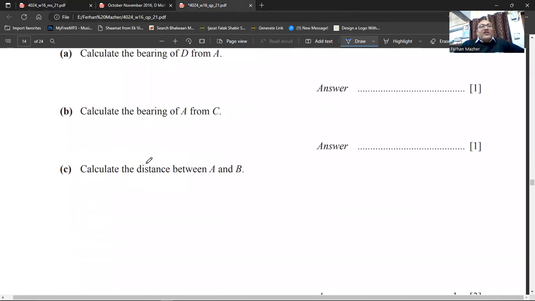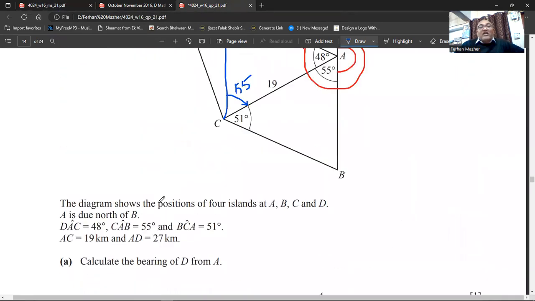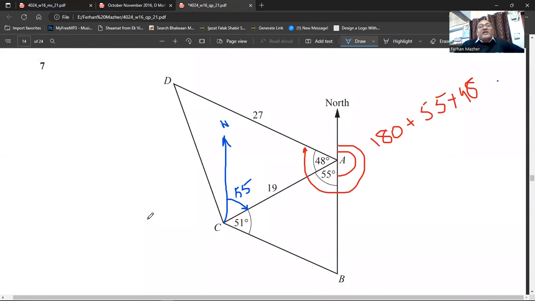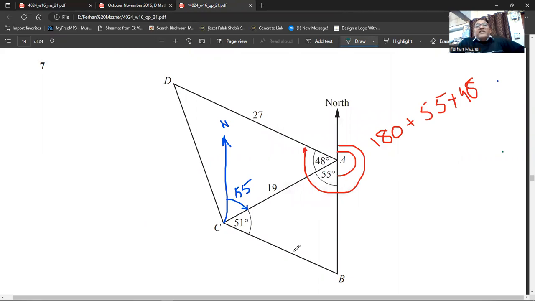Okay, so we are going to the C part. He says calculate the distance between A and B. That's a 3 marks question. You see, very simple. They want me to find out this distance AB, and I know this angle and this angle.